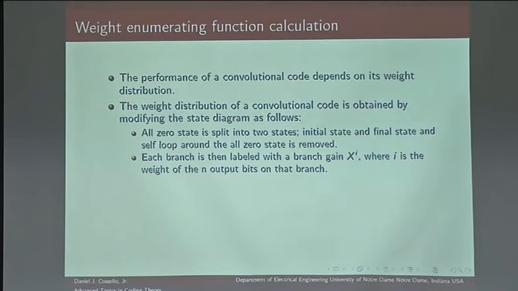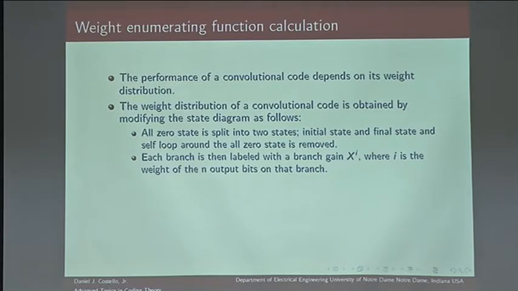Now each branch of this modified state diagram is labeled with a so-called branch gain. This comes from systems analysis again. This technique has to do with flow graphs, analyzing the gain of a flow graph.